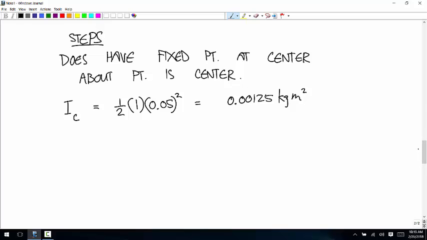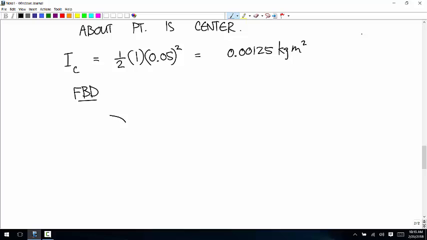And now a free body diagram of the body we're isolating. That's the pulley. So what forces are acting? There's the weight force. That's 1 kilogram times 9.81, so 9.81 newtons.